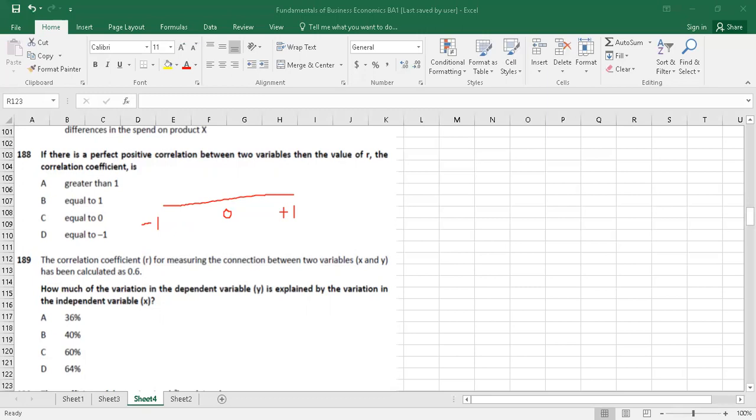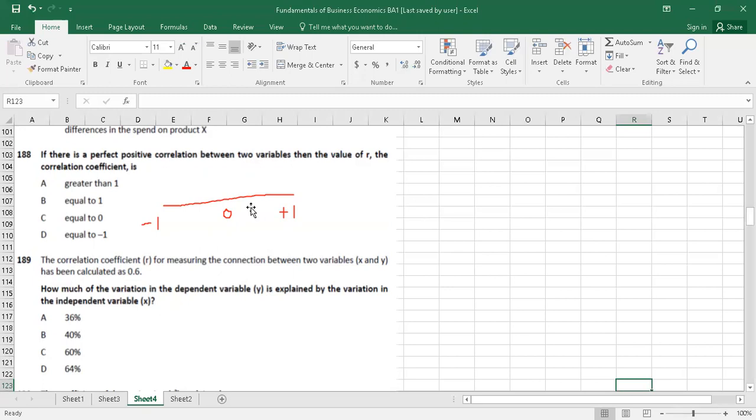Okay. So perfectly, greater than 1 is not the situation. If it is equal to 1, it is perfect positive correlation. If it is anything between 0 and 1, as it is closer to 1, it is strong positive correlation.